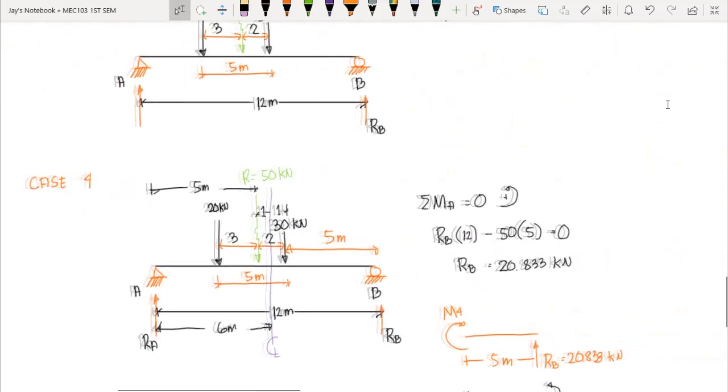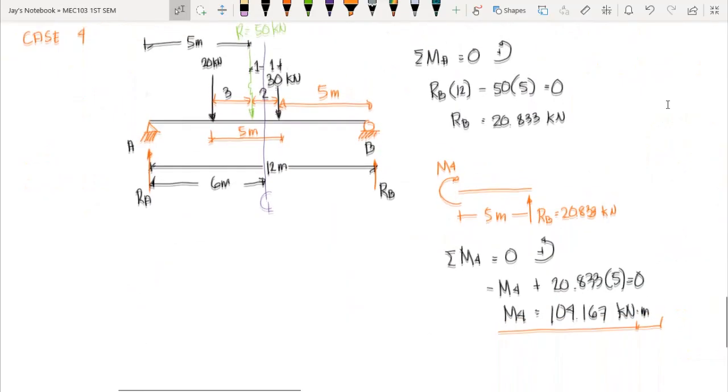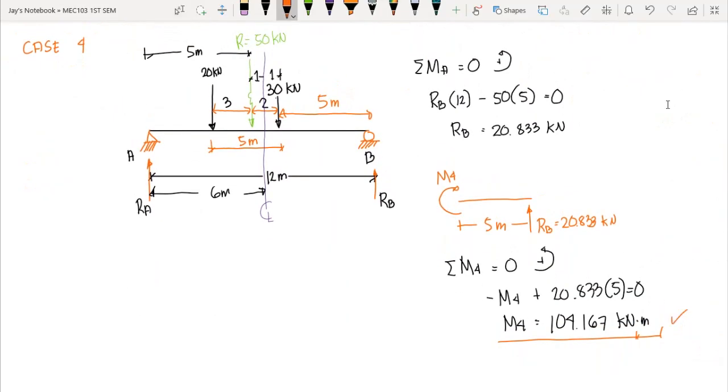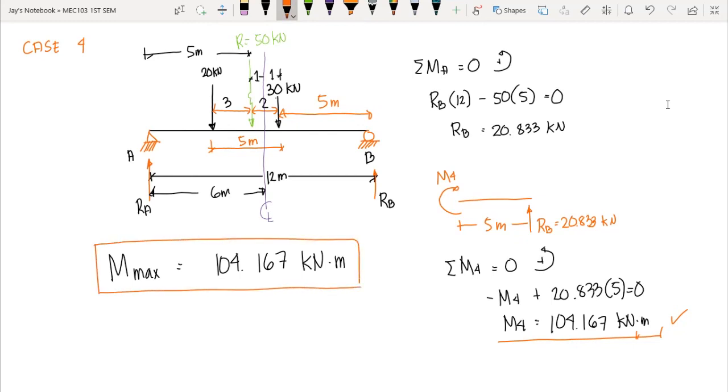For case number 4, we have 104.167 kilonewton meter, and this is the largest among the computed moments. Therefore, the maximum moment for the bridge is equal to 104.167 kilonewton meter. And this is our answer for example number 3.